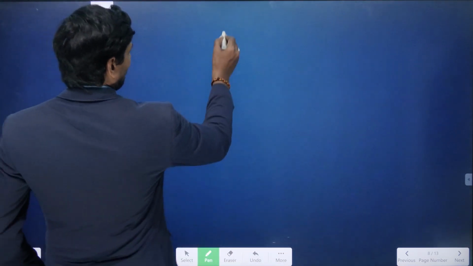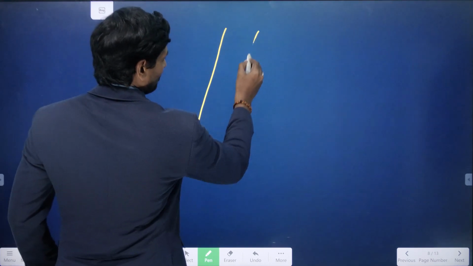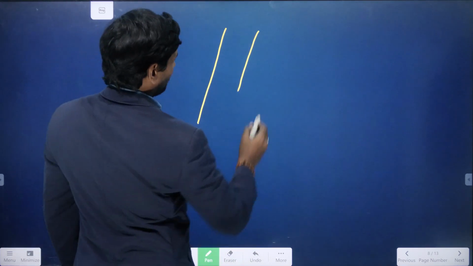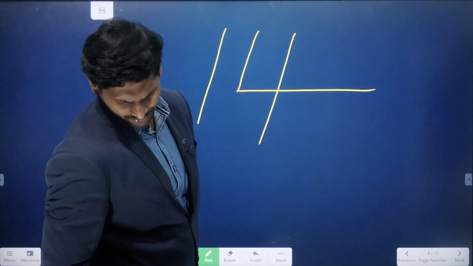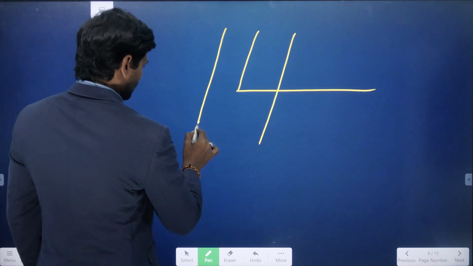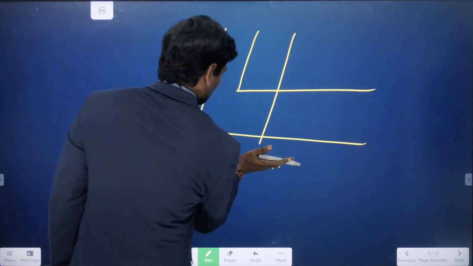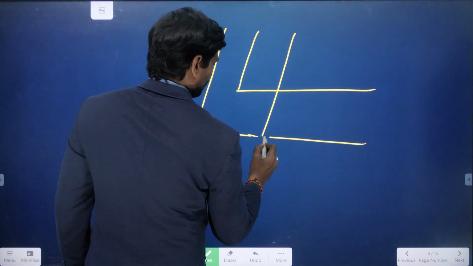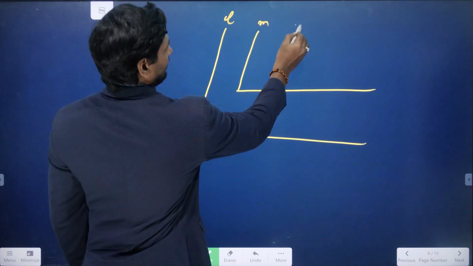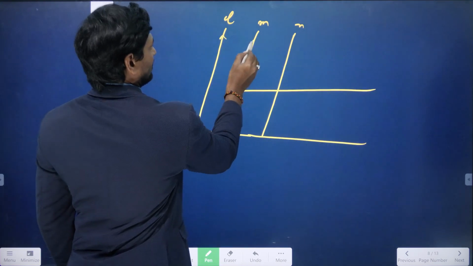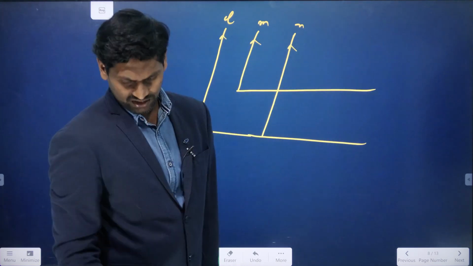I am taking 3 parallel lines: first one, second one, and the third one. The second one is given like this, and these two are connected. L, M, N are parallel lines indicated by the arrow symbols.